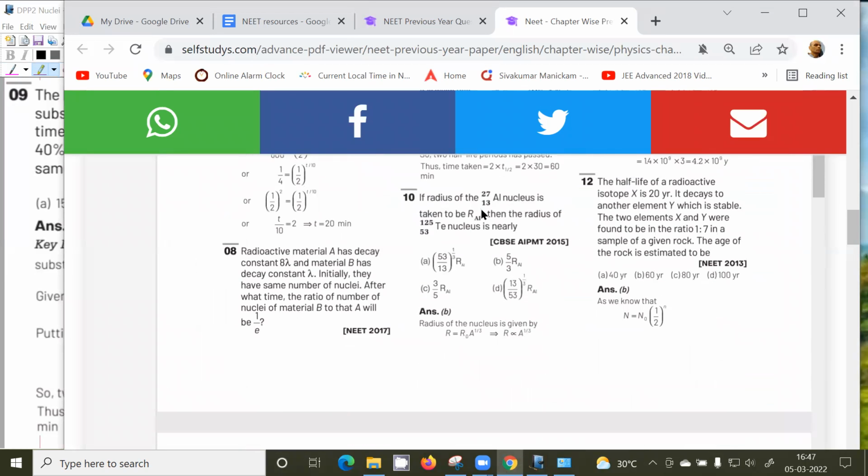This one, radius of the nucleus. This is also a trivial question.